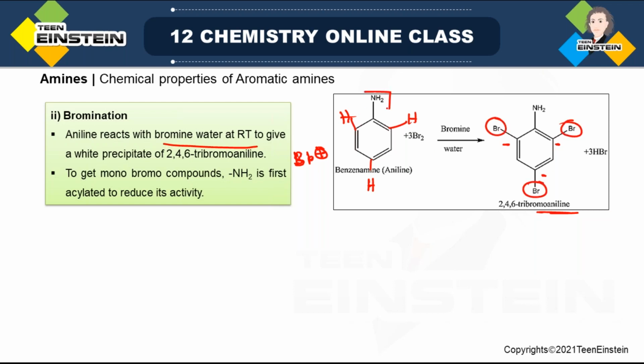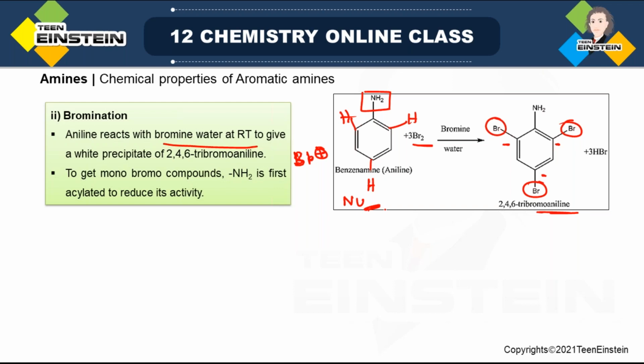Because the donating effect of the NH2 group is so high. It is such a good donating group that the benzene ring is highly activated. So the benzene ring here is basically the nucleophile, and the electrophile is generated from the bromine molecule itself. When the nucleophile is highly electron rich, obviously substitution occurs three times.